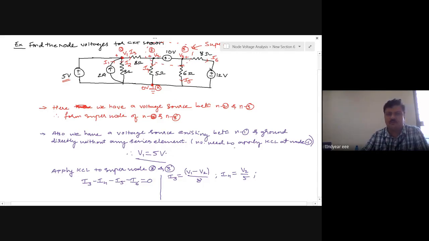I5 is the current flowing from V3 to ground, so I5 is equal to V3 divided by 6. I6 is flowing from V3 to 12 volts, so I6 is V3 minus 12 divided by 8.